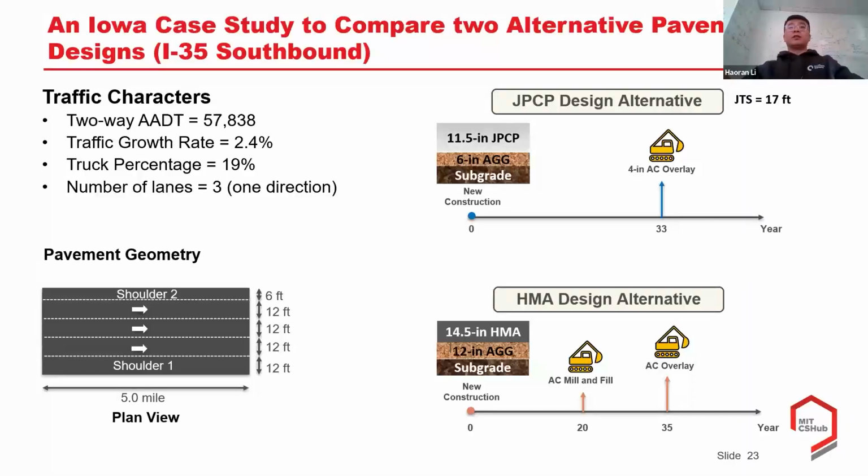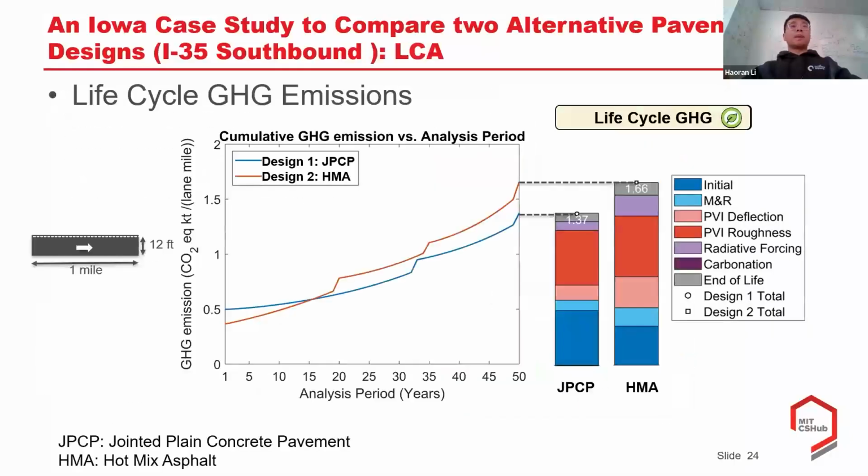And for maintenance and rehabilitation, we're using default values. Because we have obtained exact data from the decisions of the agencies, we can just easily run those data and use the line plot of cumulative life cycle greenhouse gas emissions to compare these 2 structurally equivalent designs for the 50-year analysis period.